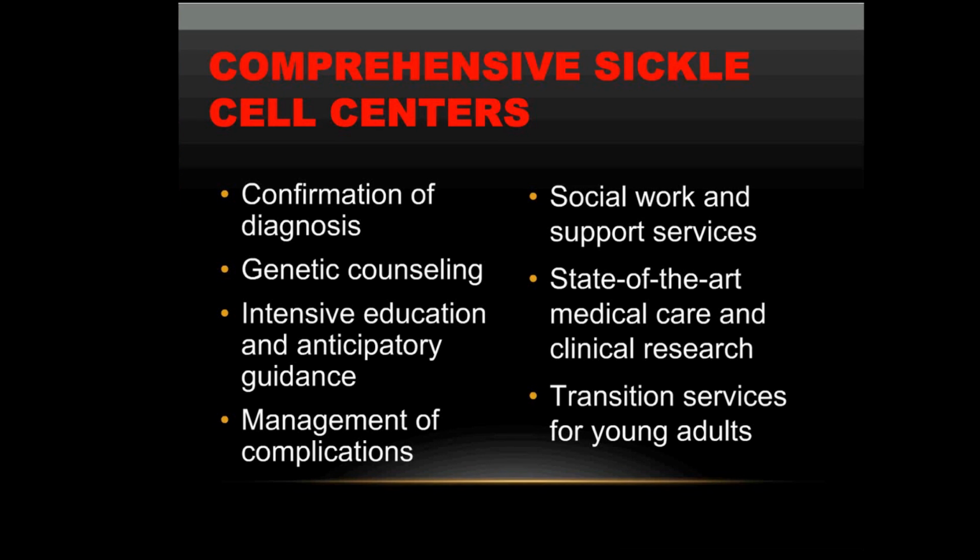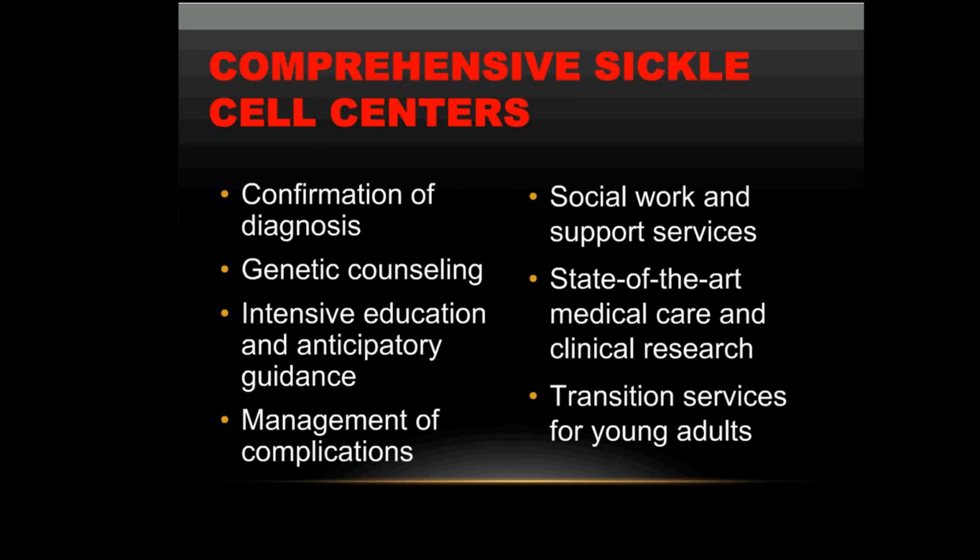There are several conditions that folks used to die of, definitely while they were teens. I finished residency in the 80s, and when I was a pediatric resident, we had patients dying around 15, 16. Well, now they have patients living on average 45 years and longer. There are patients that have lived close to 80 years.